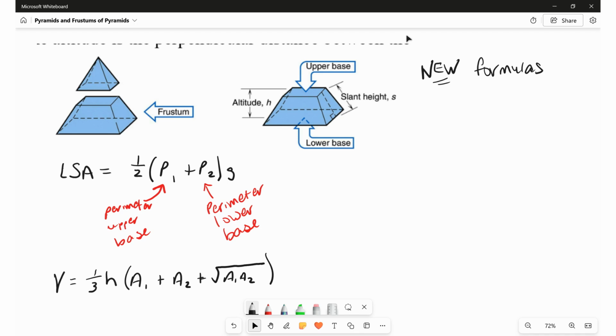So let's give some numbers. What if we said here that the height for this is 4 inches? We're going to let our slant height be 5 inches.